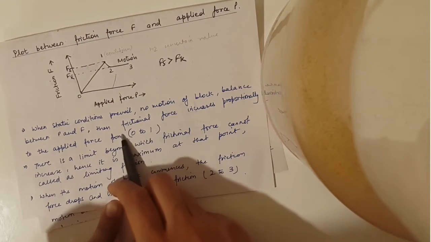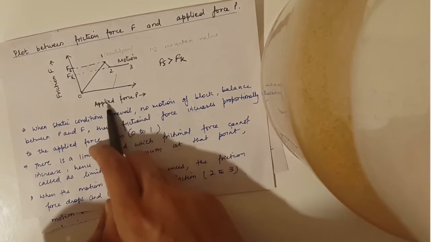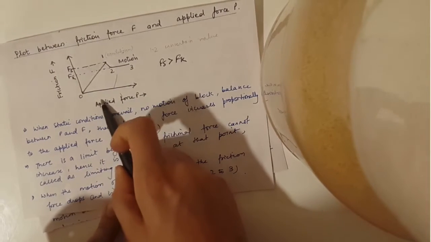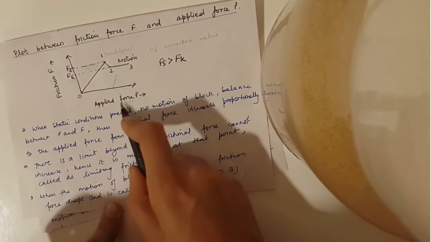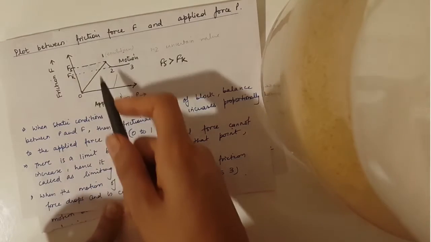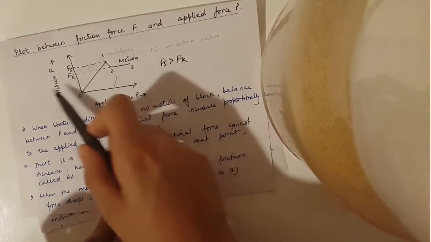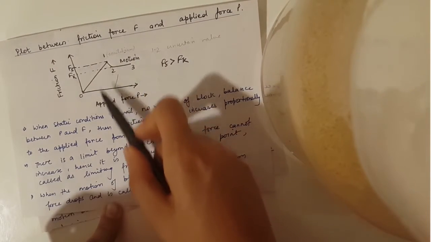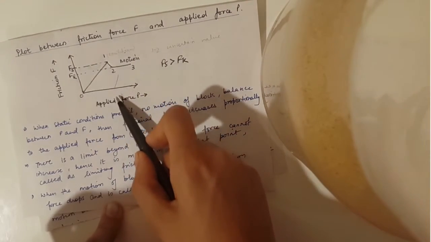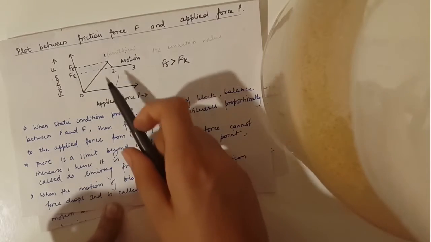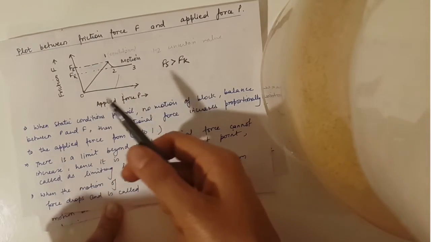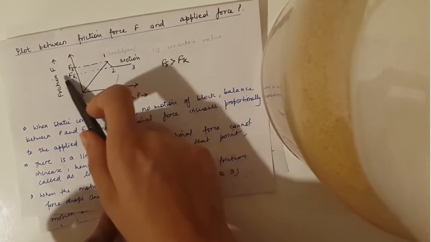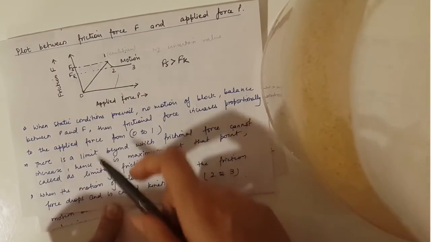Now see, when this applied force increases, due to this proportional increase, the friction value also increases proportionally. This is shown from point 0 to 1. This shows a direct relationship between P and F. Now at point 1, it is a maximum value of F.